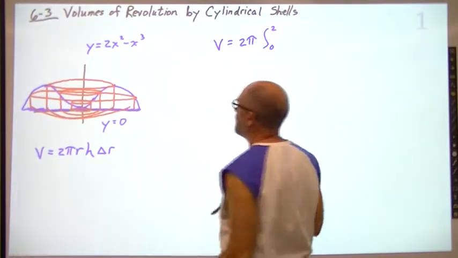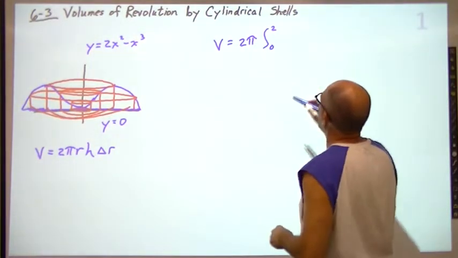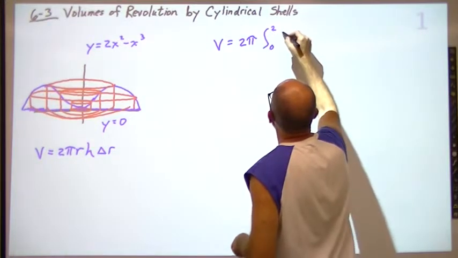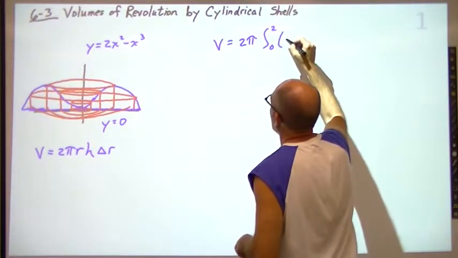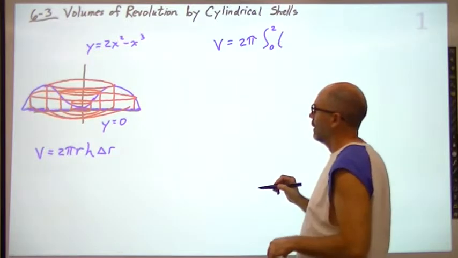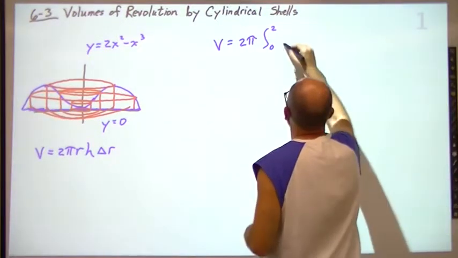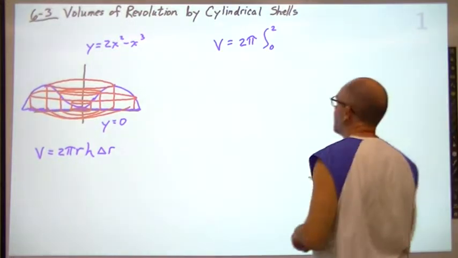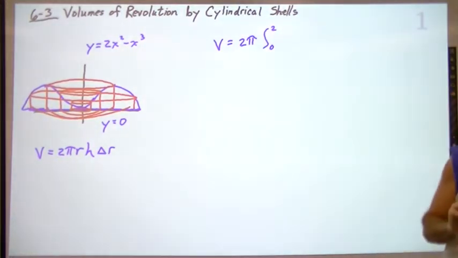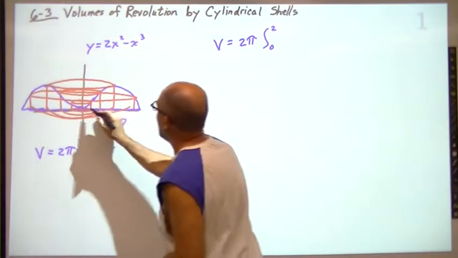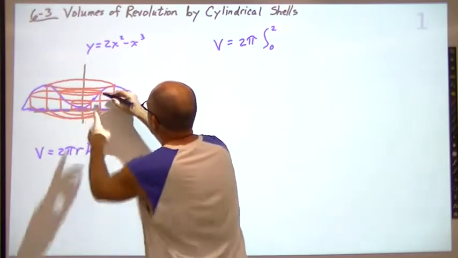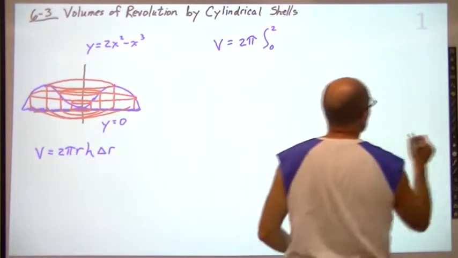The radius is just going to be an x value. Okay, 2 pi times the x value, which as we sweep across here is going to be any given x value. Each radius is an x value all the way across there.